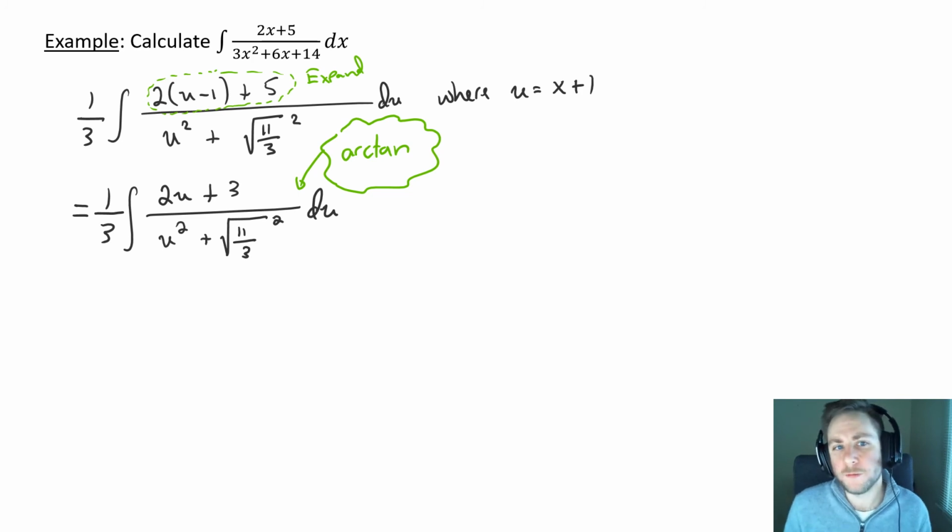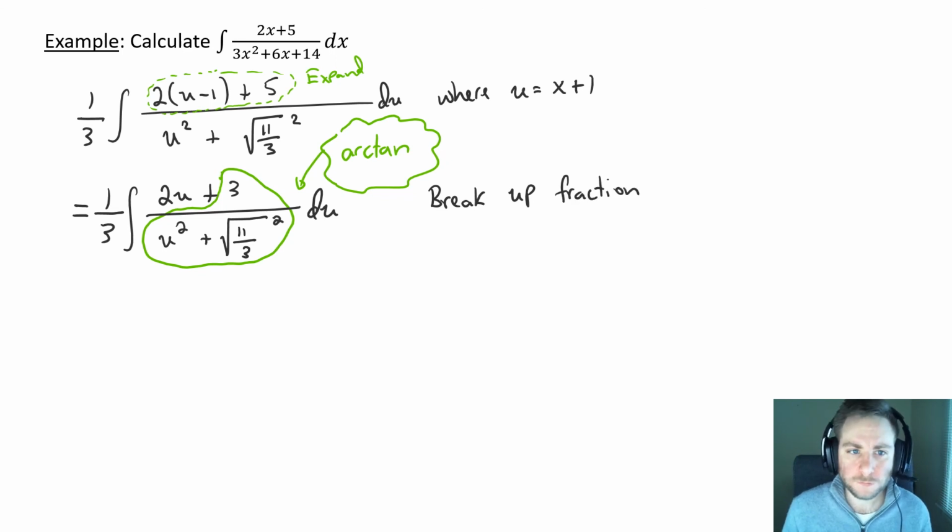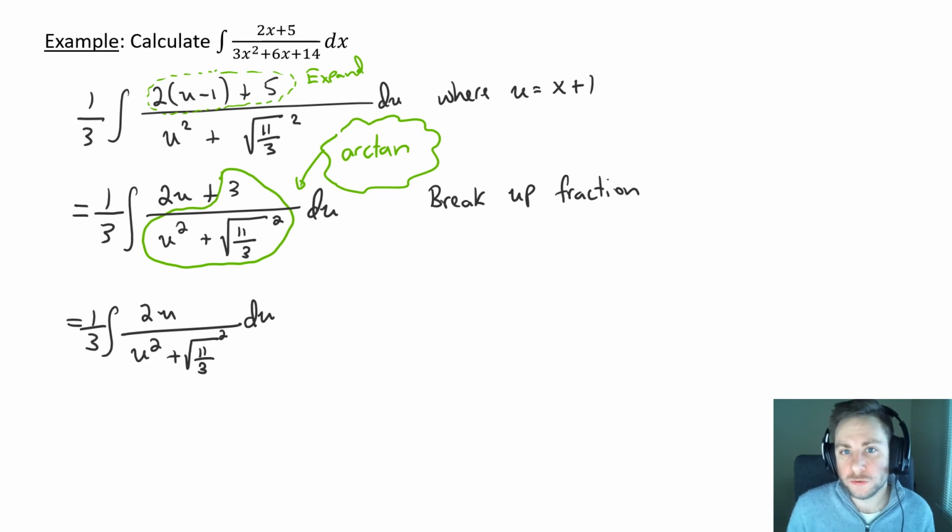The arctan formula requires that we only have a constant in our numerator, but if you take just this section that I'm circling now, you can see that part really does resemble that arctan formula. So for that reason, we're motivated now to break up our fraction. Our first term, if we do that, would have a numerator of 2u, and don't forget the 1/3 in front.